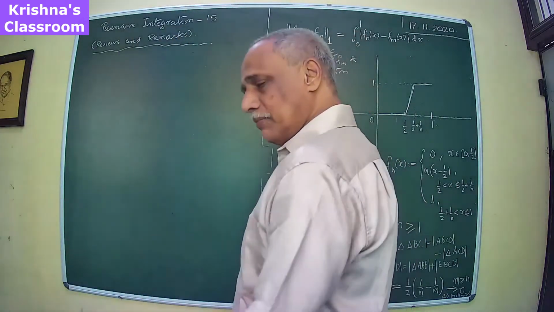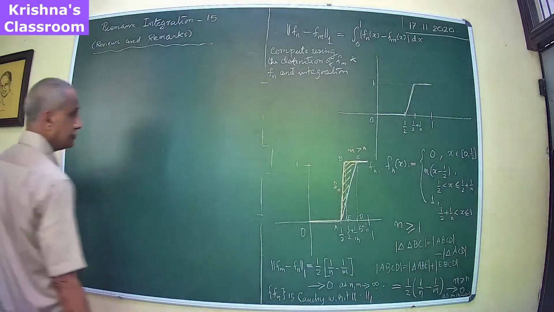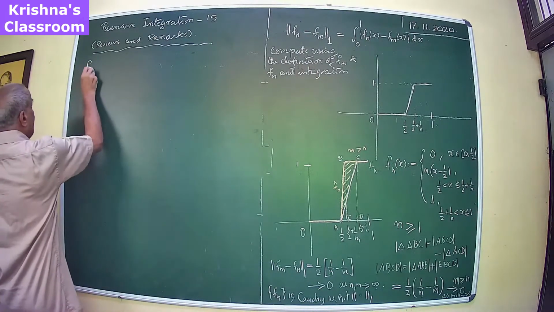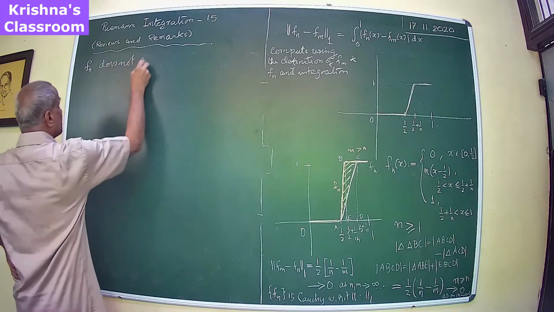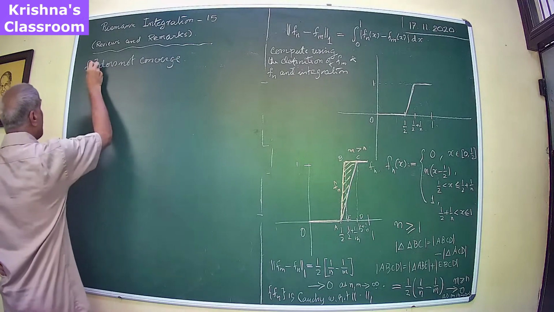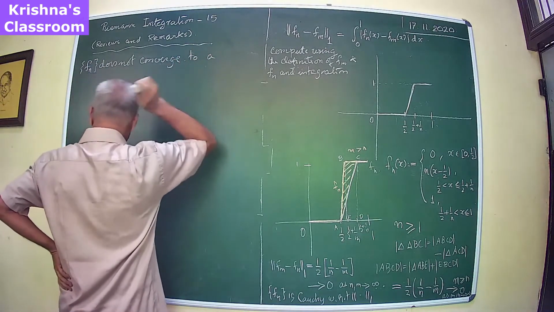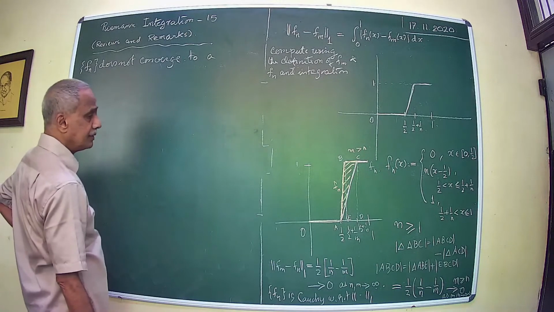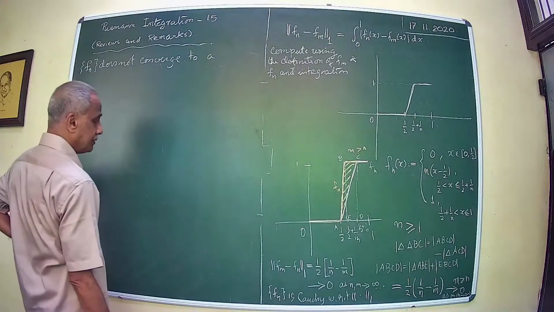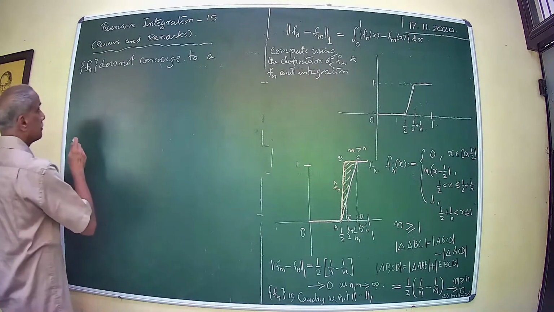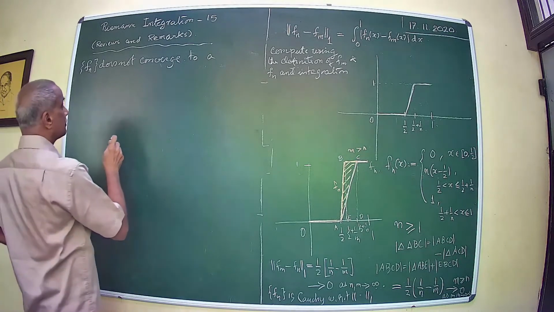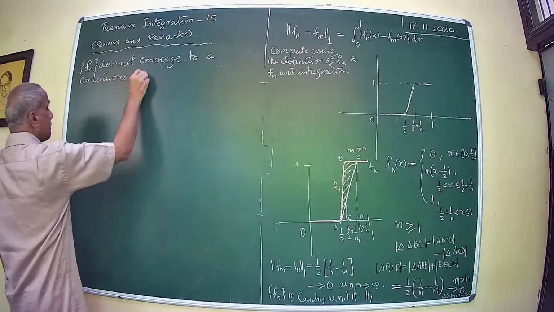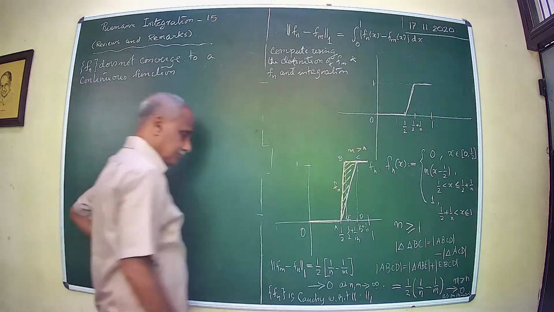Okay. Now what we want to prove is that Fn does not converge to a continuous function.